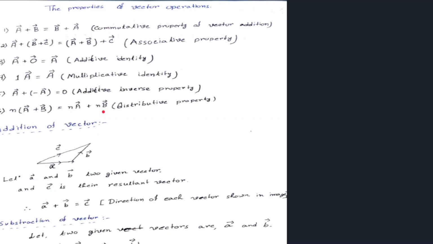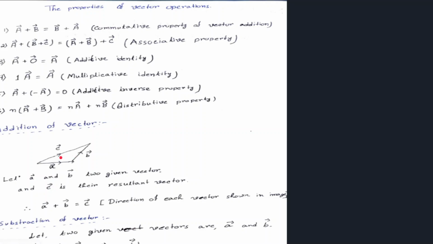These a and b are vectors. Now, addition of vectors. How can we add vectors? If two given vectors a and b are in that direction, then the resultant vector c will be in that direction, not that direction. c will basically be opposite of this flow.